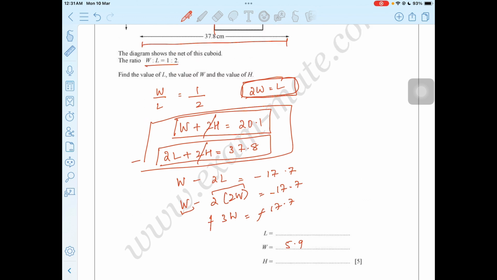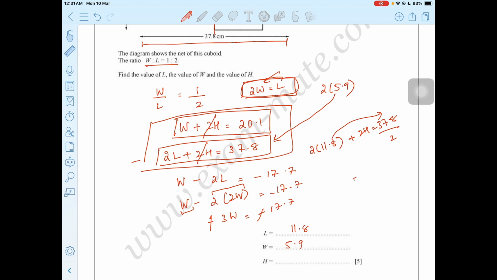So we double it to get our L. So this would be 2 multiplied by 5.9. We get our answer as 11.8. Then we plug in over here, right? So 2L would be 11.8 times 2, and we need to calculate 2H and then 37.8. This goes over there and then this 2 is divided over here, right?